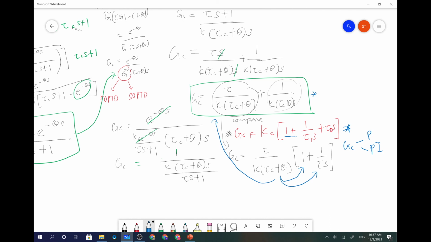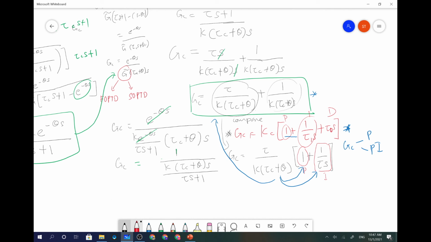It is PI. Why PI? Because it has only 1 and 2 terms. Right? 1, 2. P, I, and D. P and I. So the controller here is a PI controller.